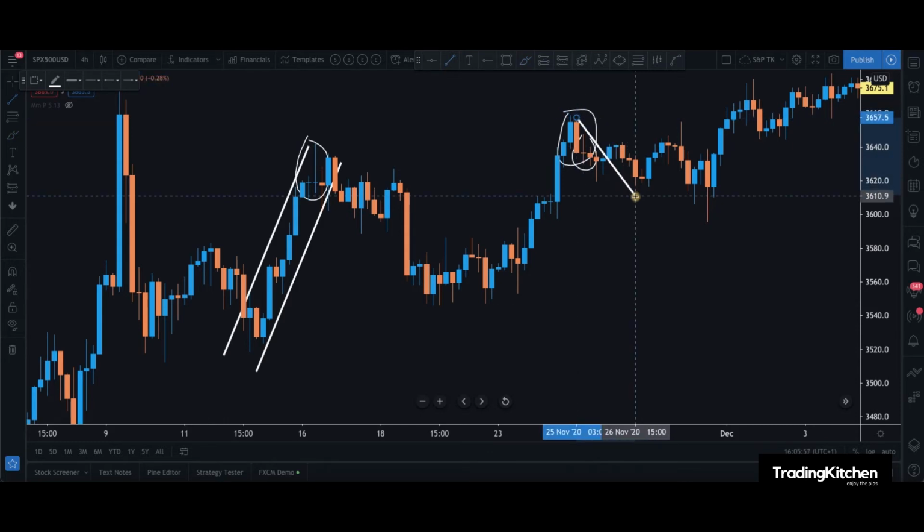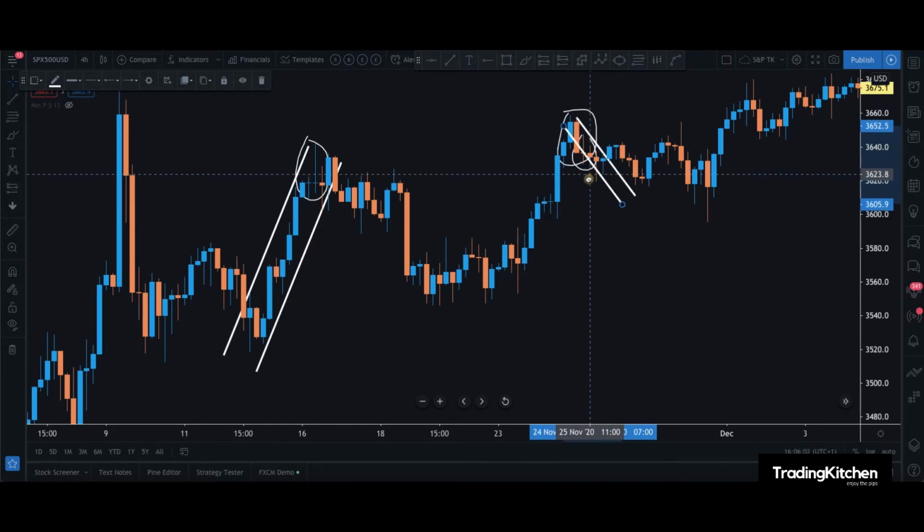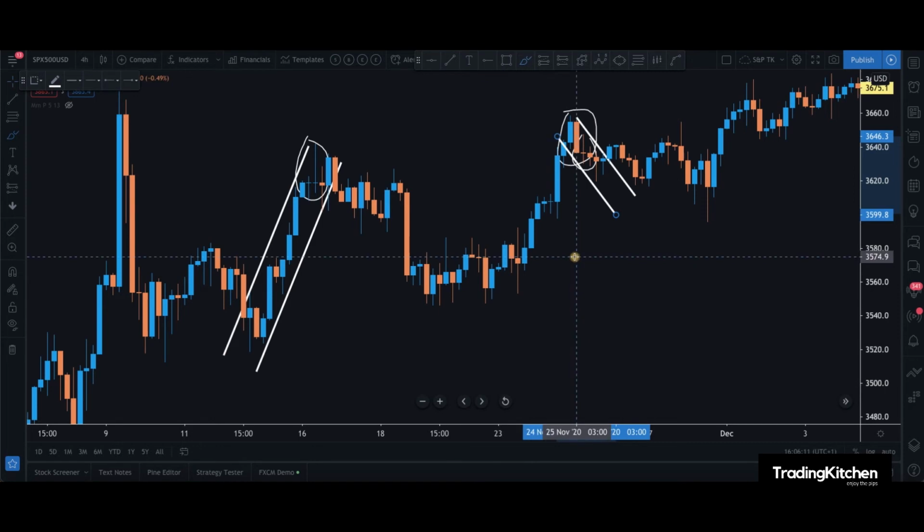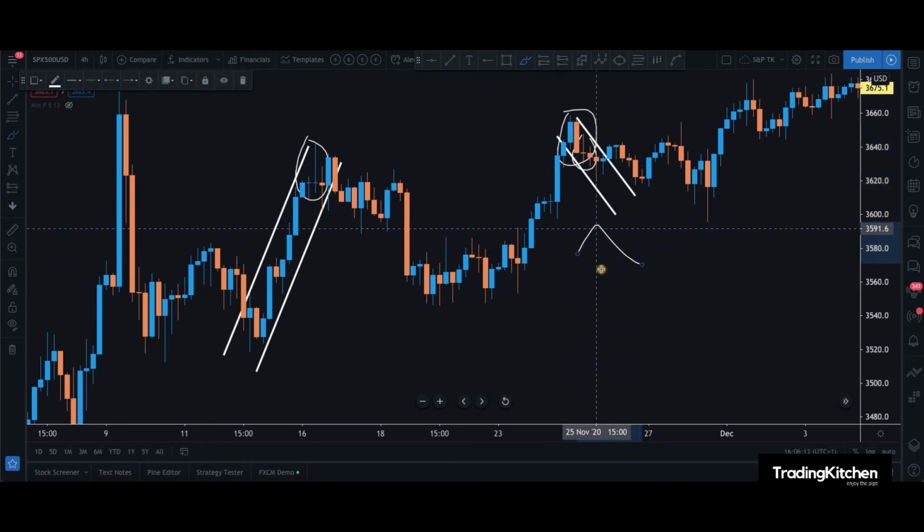Okay, and immediately price is going to meet a strength of the buyers from the down, but it's not enough, because the sellers are much stronger, and so the price keeps on going down.